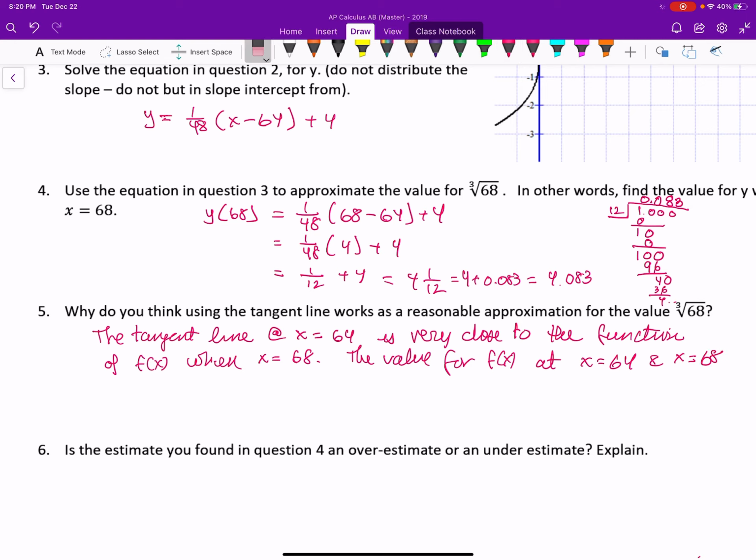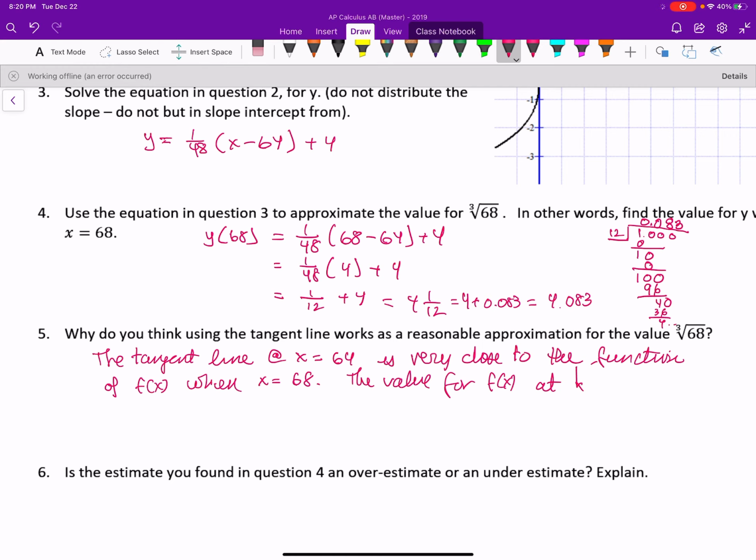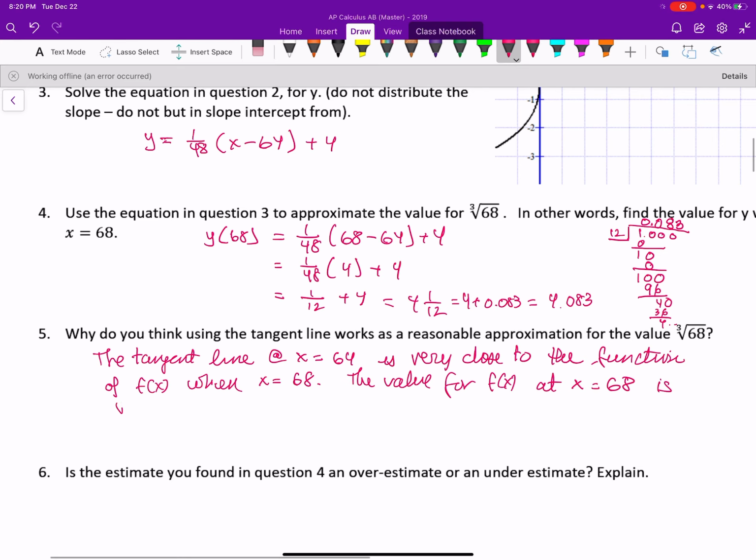Well, no, I should say the value of f of x at x is equal to 68 is very close to the value of the tangent line at x is equal to 68.